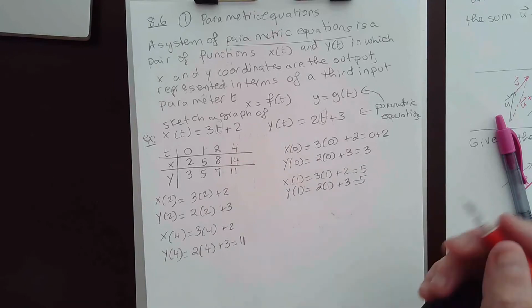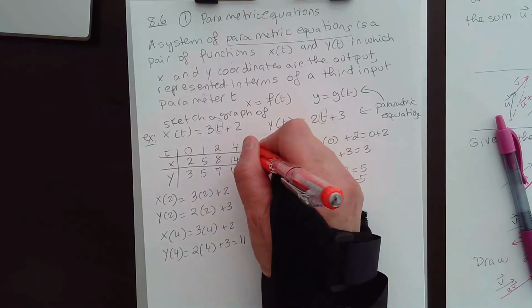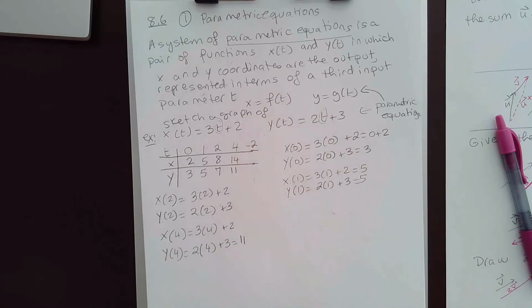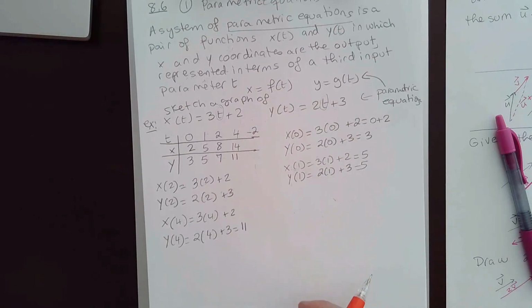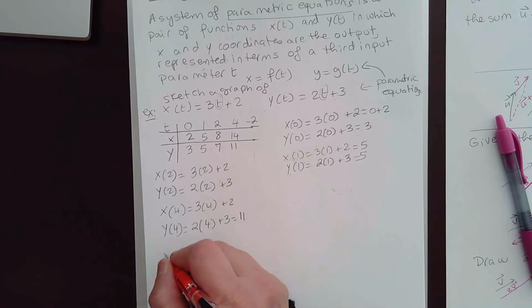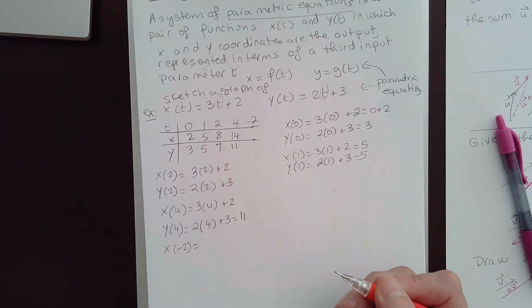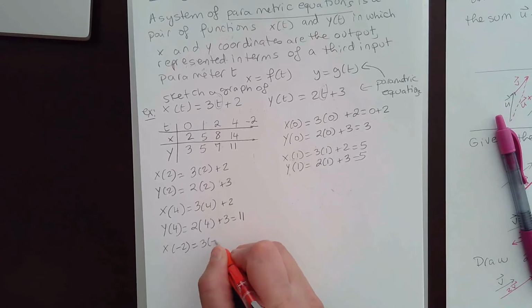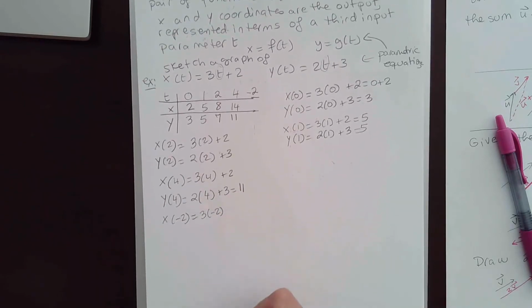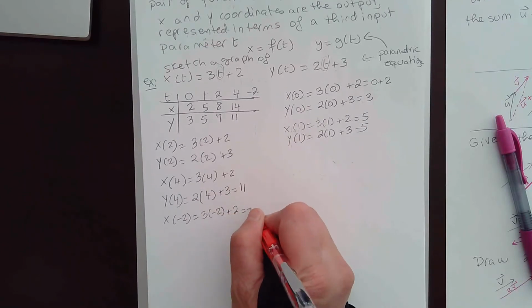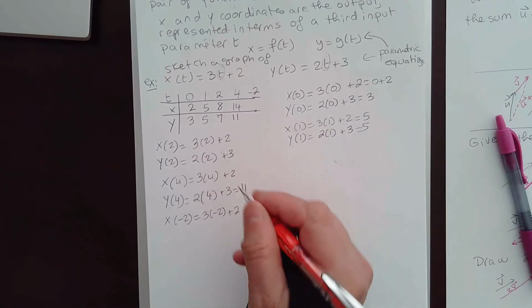Let's select a negative value. Let's go to -2, for instance. So we have x at -2. What do we get here? So 3 times -2 plus 2. 3 times -2 is -6. -6 plus 2 is -4.